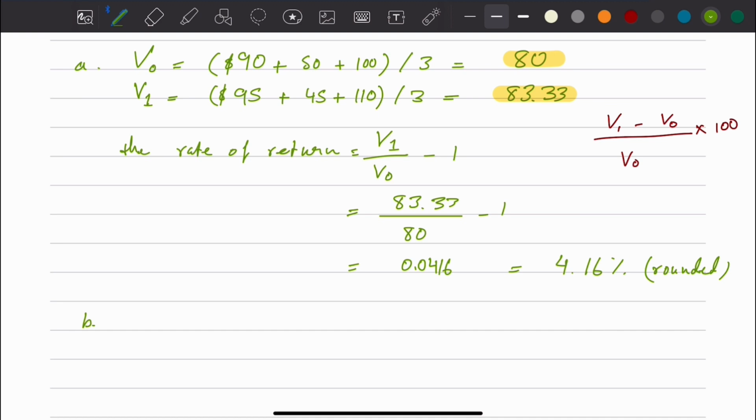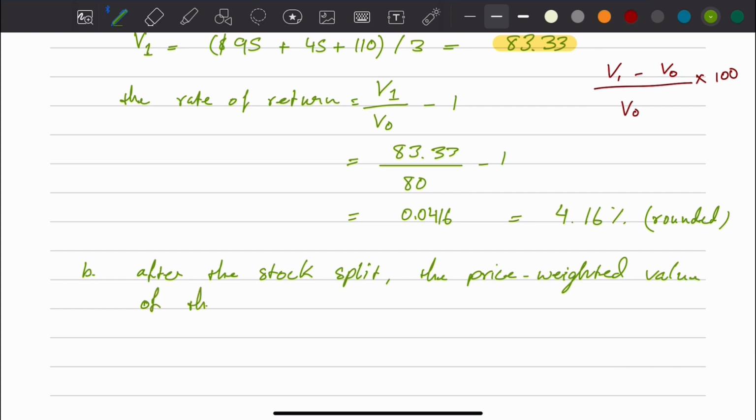But we're going to change these numbers to reflect what happened to the price of stock C. So now, let's say after the stock splits, the price-weighted value of the index should remain the same, which is 83.33.